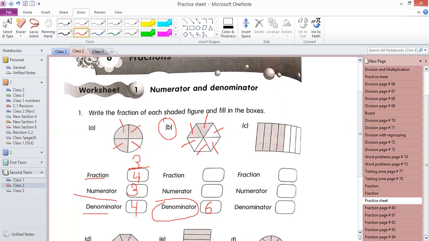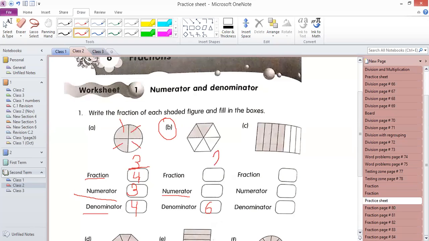Okay. Now tell me, what is the numerator here? In the numerator, you will check how many parts are shaded, how many parts are colored. Very good. And what will be the fraction?